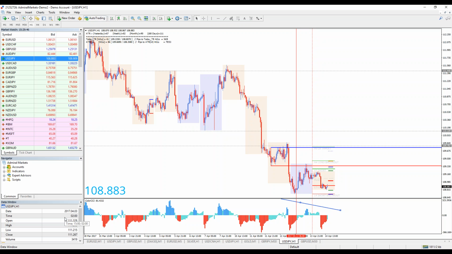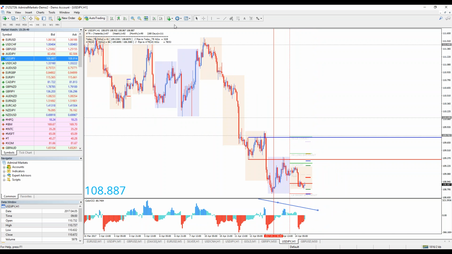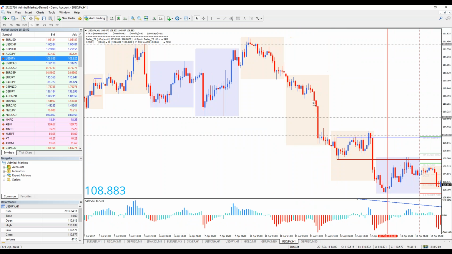This is how I look at it. This was definitely a double top here. I will zoom in. That is why you need to have your chart zoomed out before you start to trade. This was a double top, right? The price went here. It made a breakout of 10 pips and it went down.